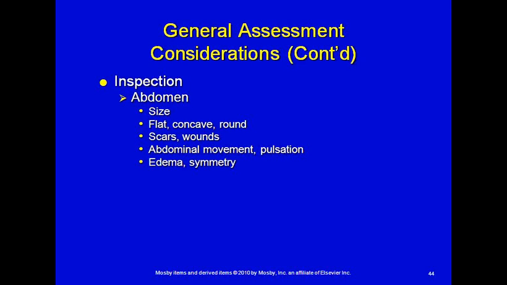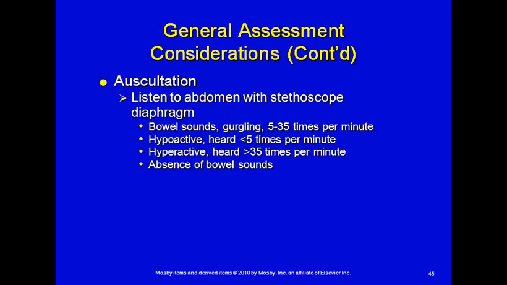You want to inspect the abdomen to see if it's distended, see if there are any scars or wounds on the abdomen, whether there's any pulsating masses in the abdomen. Do both sides look round and symmetrical? Listen to the abdomen with a stethoscope.